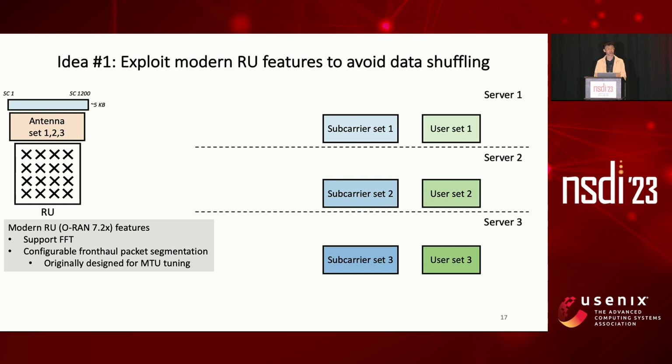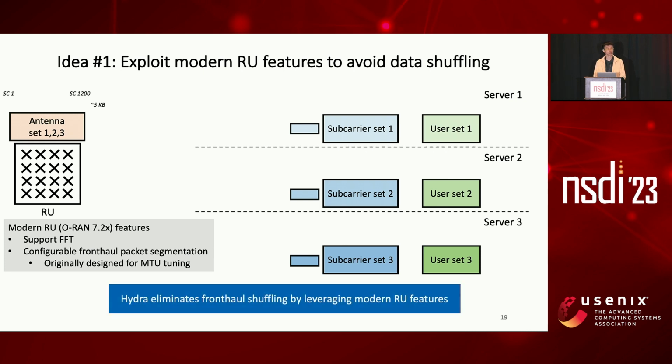Here we can use it in a new way for scalable front-haul packet delivery. We can configure the RU to partition the packets based on the different subcarrier sets processed by different servers, and then forward each partition to each server correspondingly. With this idea, we only need to forward the data once to all the servers without any extra inter-server data shuffling.